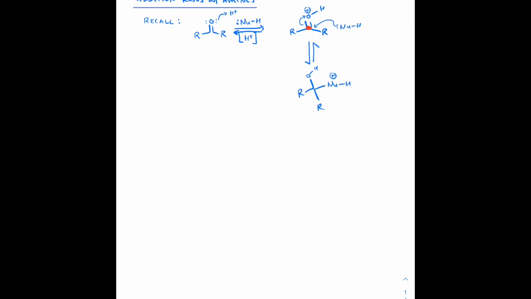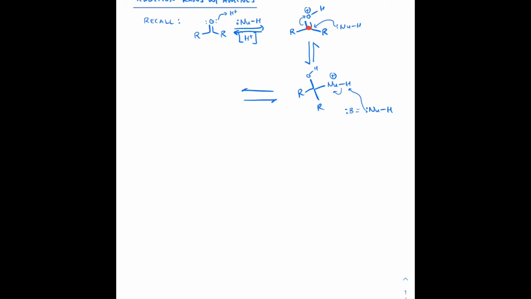And so the way we're going to do that is by deprotonation with a base. And so typically that's going to be the amine. Or in this case, for the addition reactions with amines, it's going to be the amine, because amine is going to be more basic than water. However, water is basic enough to remove that proton as well.